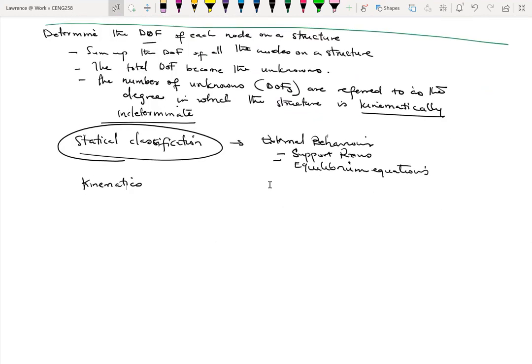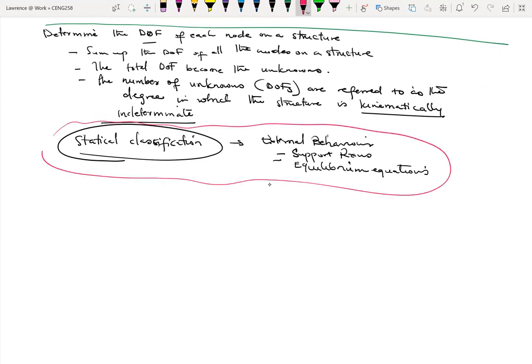Now, if you have a structure in a 3D space, or a three-dimensional space, a typical example is something like this.